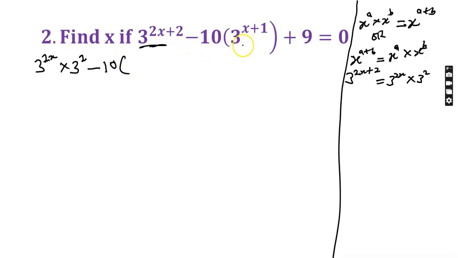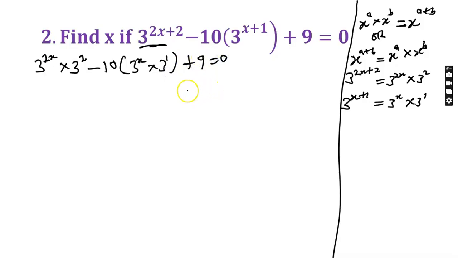Here we have 3 raised to the power x plus 1. I will also apply the same thing. 3 raised to the power x plus 1 can break into 3 raised to the power x times 3 raised to the power 1. So 3 raised to the power x times 3 raised to the power 1 plus 9 equals to 0. So I'm only applying the law of indices to solve them.